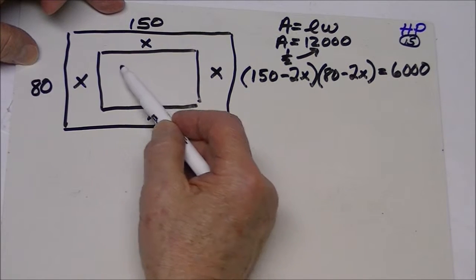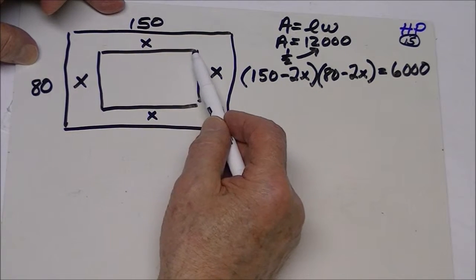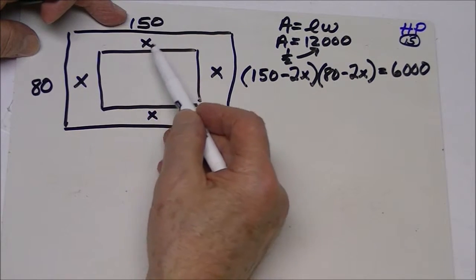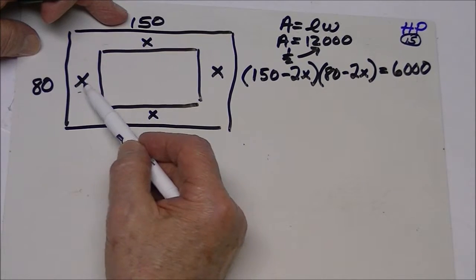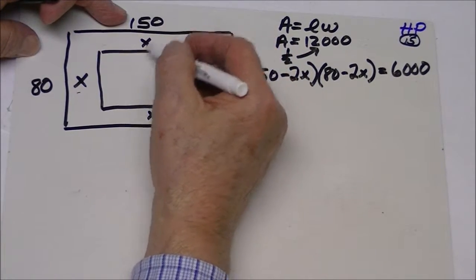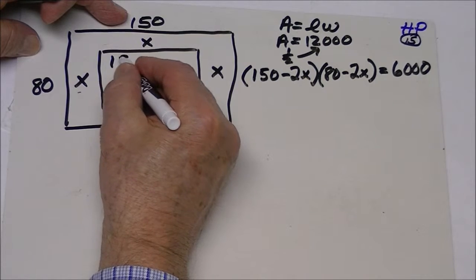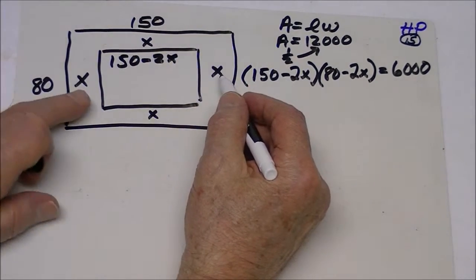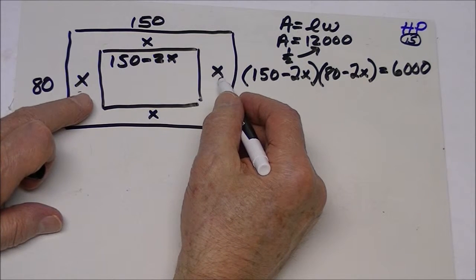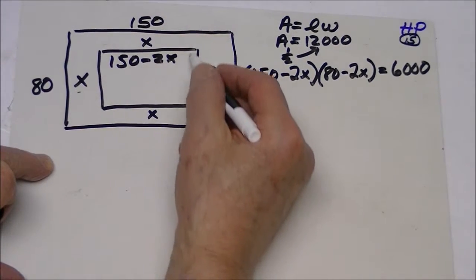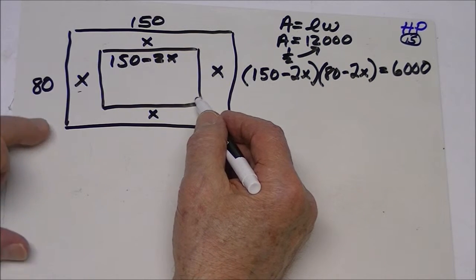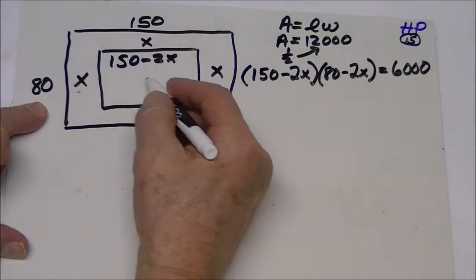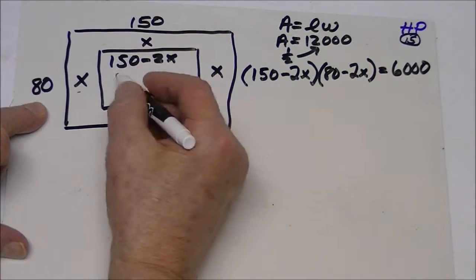And we actually know this length here. This is going to be 150 minus this x and this x. So this inner length is 150 minus 2x. These are my x's here. And we know this height or width here is going to be 80 going this way minus the 2x.